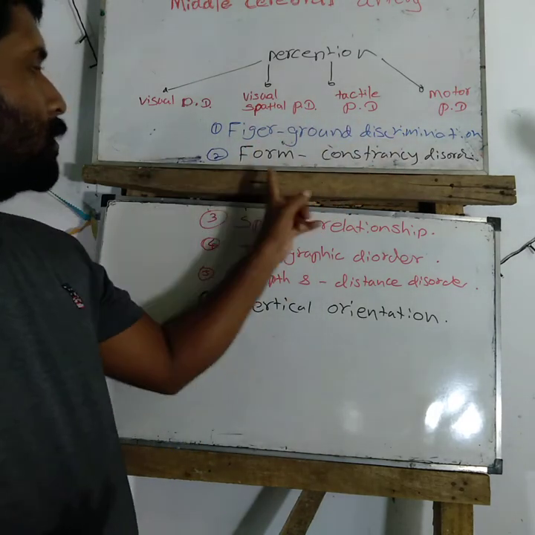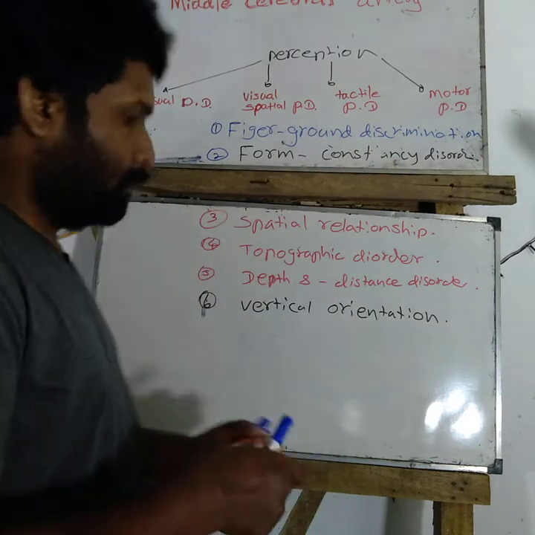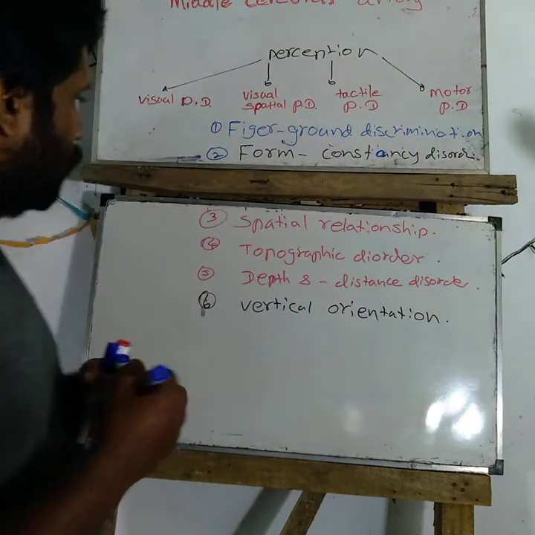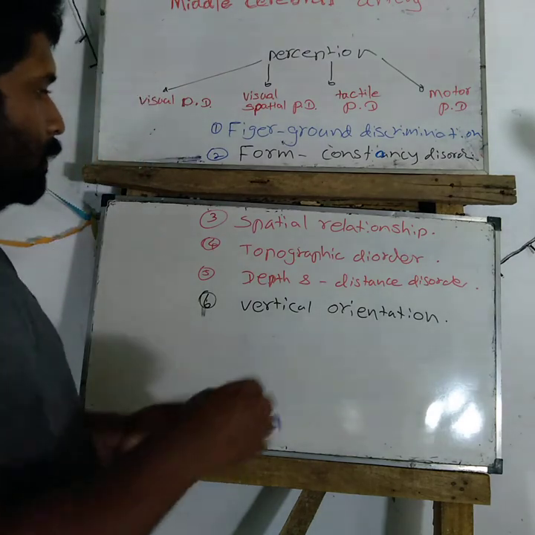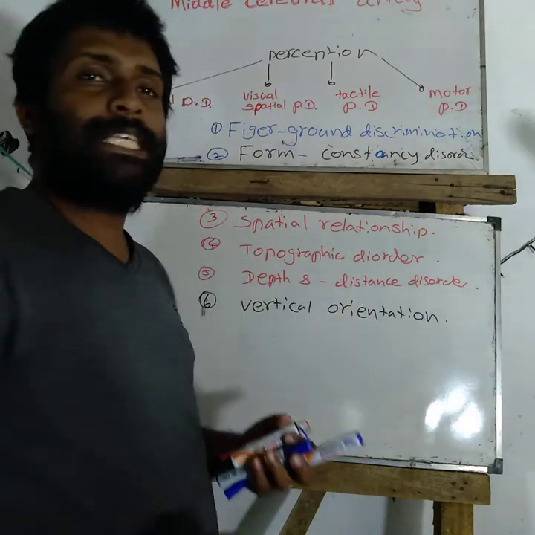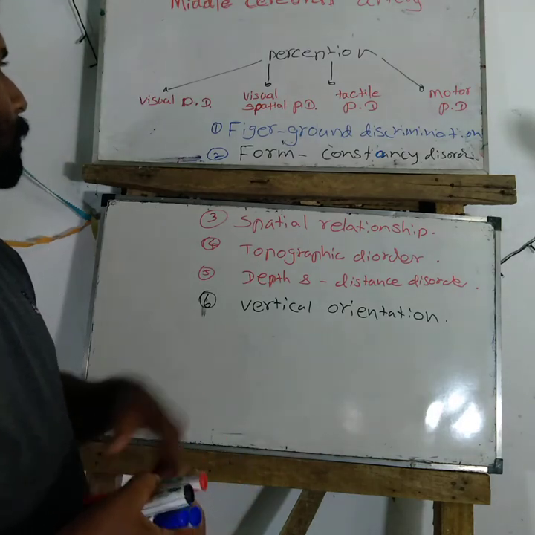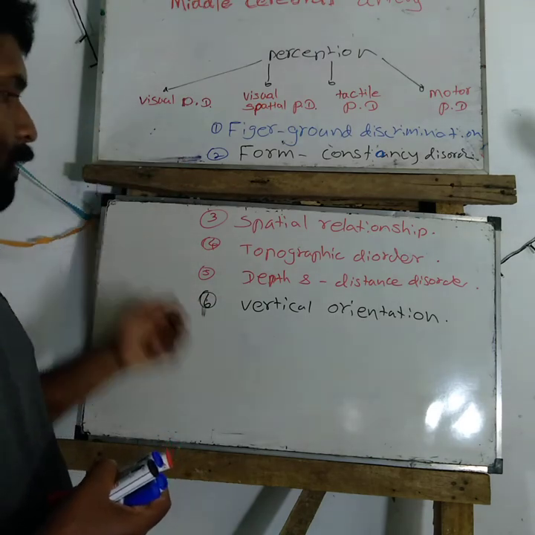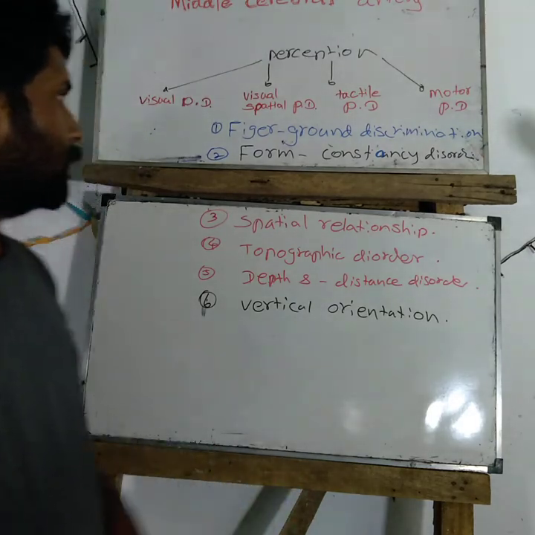Figure ground discrimination, form constancy disorders, spatial relationship dysfunction, topographic disorder, depth and distance, vertical orientation dysfunction are the main subtopics of the spatial relationship dysfunction. 1, 2, 3, 4, 5, 6. Right, one by one we are going to discuss.